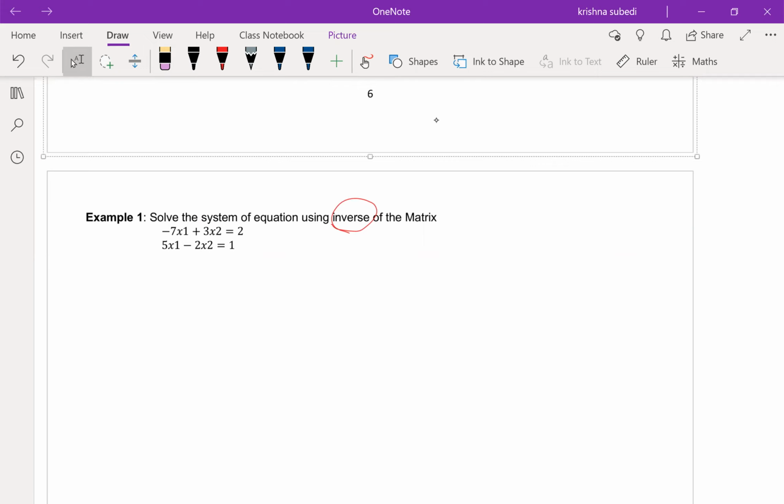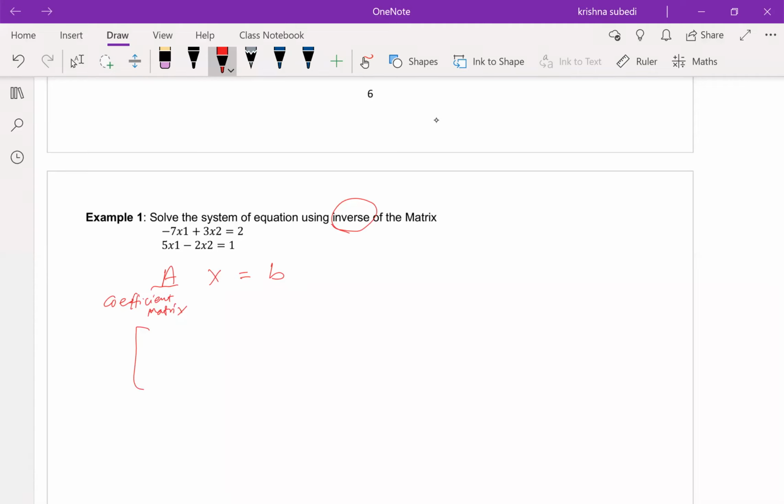Okay, I want you to write down the matrix in Ax equals B form. A means the coefficient matrix.